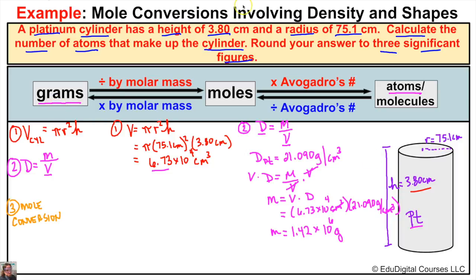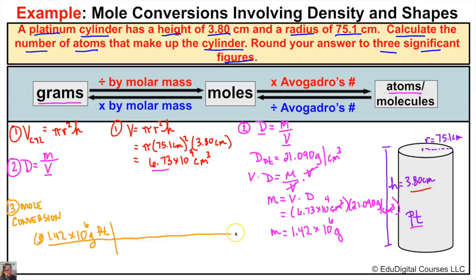So now that we know the mass of the object in grams, what we can now do is run it through the mole conversion process to figure out the number of atoms. So let's go ahead and do that right here. In step 3, we know the mass in grams of this platinum cylinder here. It's 1.42 times 10 to the 6th grams. We also know that this is platinum.